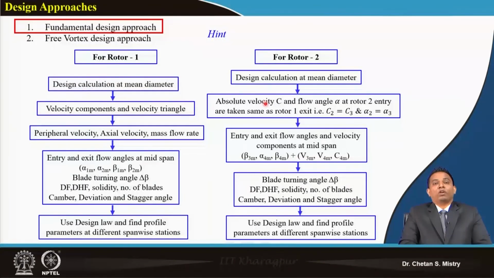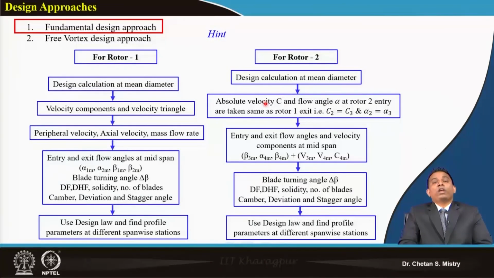And based on that, later on, for the present method we will be opting for the fundamental method, so we will be calculating the parameters at other stations. So, you can understand what we will be doing. Say for my rotor 1, I have one blade that is made up of maybe 11 sections. You can go with 20 sections also. And for that we will be calculating all parameters at different locations.